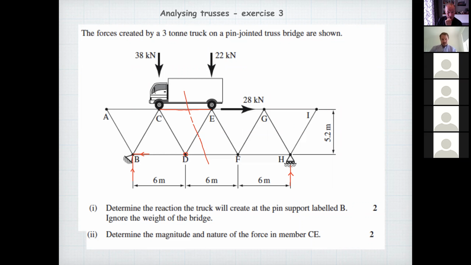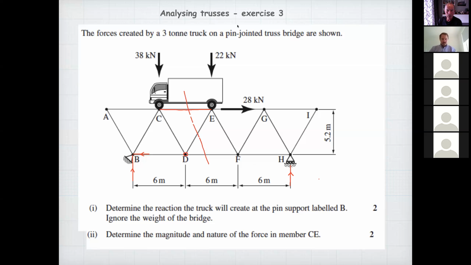Because if you're taking moments about that point there, you've got that force, you haven't got that force, and you've got that force, and you've got that force to contend with. So make sure that the students are told that the examiner can lead you into the correct method of doing it. So don't find any forces that you're not asked to, if you can help it.